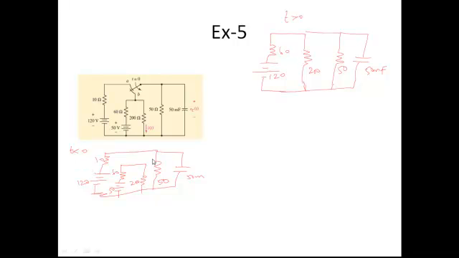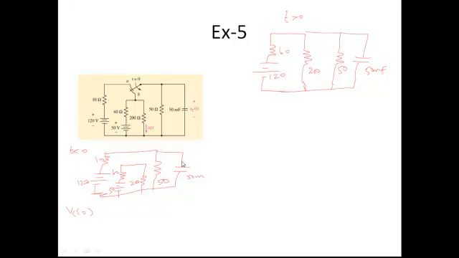This circuit will need the initial voltage VC of 0. So what you need to assume now is that before time t lesser than 0, the switch is in position A for a very long time. Whenever I say that, it means it is under steady state. So under steady state, the capacitance will act as an open circuit.